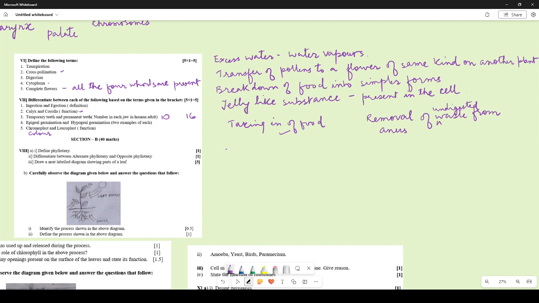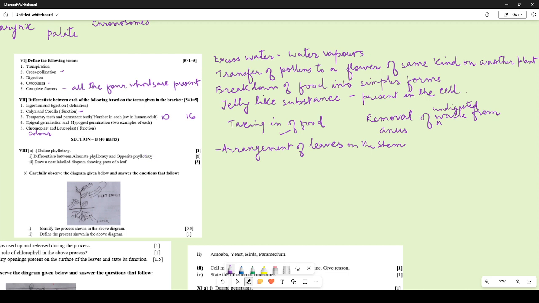Define phyllotaxy. Phyllotaxy is the arrangement of leaves on the stem. That is how you define phyllotaxy. Differentiate between alternate phyllotaxy and opposite phyllotaxy. Now many of you have written in alternate phyllotaxy the leaves are alternate, in opposite phyllotaxy the leaves are opposite.